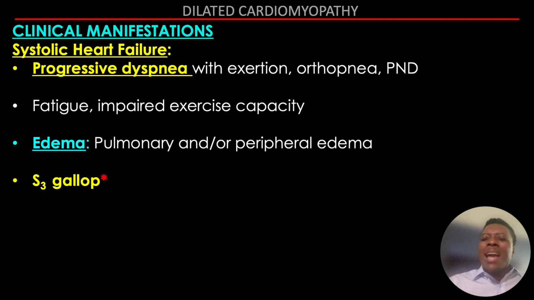Now, a very, very high yield fact to know about dilated cardiomyopathy is to look for what's known as the third heart sound, or the S3 gallop. If I see an S3 gallop, that signifies filling of a dilated ventricle for whatever the cause is. If it's cardiac related directly, we call that heart failure with reduced ejection fraction.